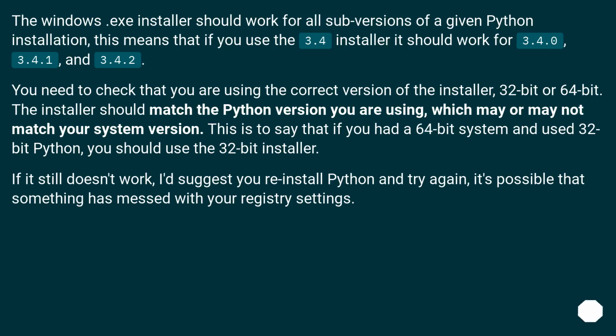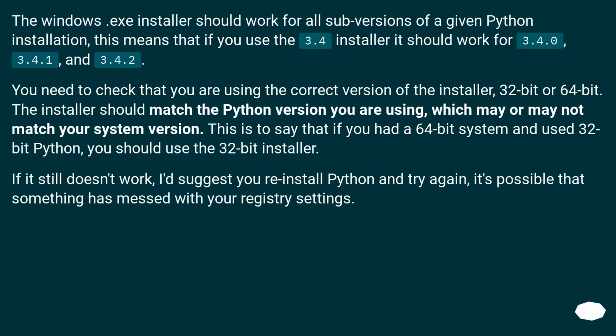The Windows exe installer should work for all subversions of a given Python installation. This means that if you use the 3.4 installer, it should work for 3.4.0, 3.4.1, and 3.4.2. You need to check that you are using the correct version of the installer, 32-bit or 64-bit.